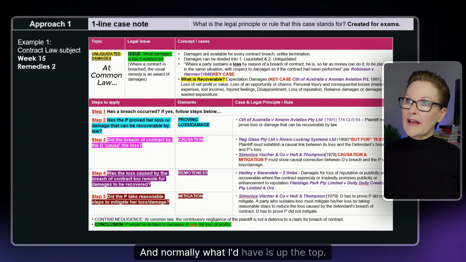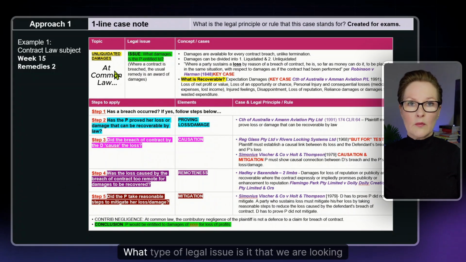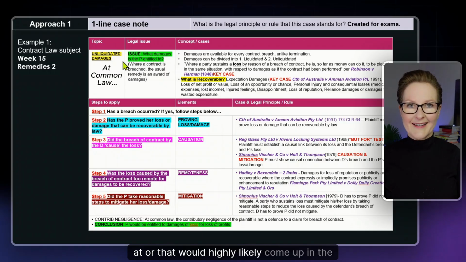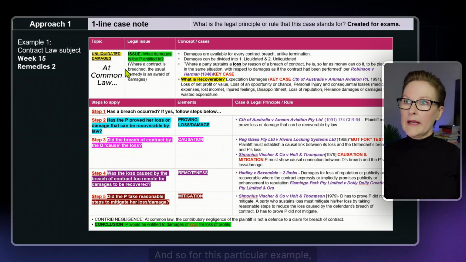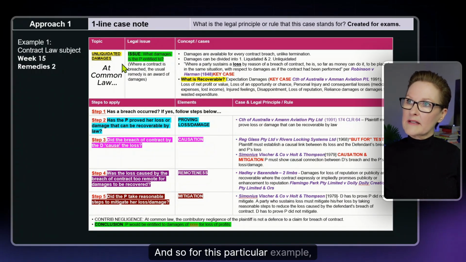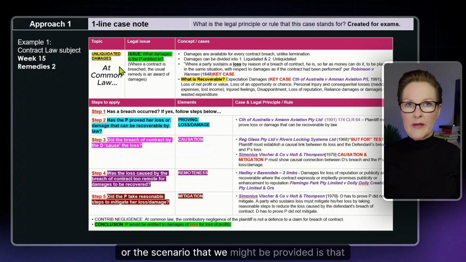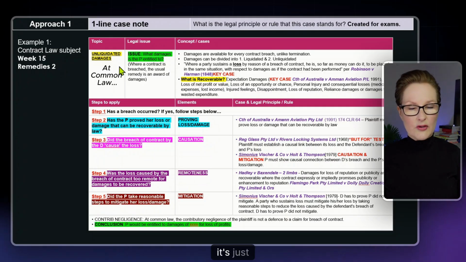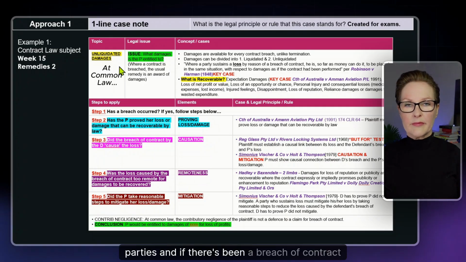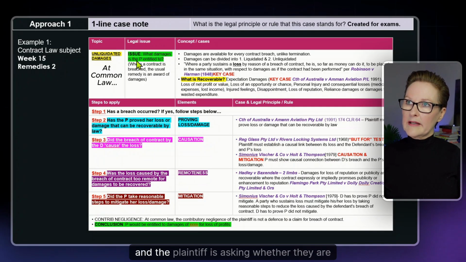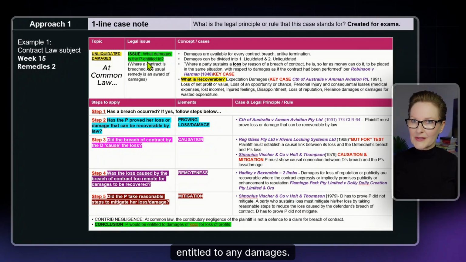Normally, up the top, I'd have what type of legal issue we are looking at, or that would highly likely come up in the exam. For this example, the scenario we might be provided is that there are 2 parties, there's been a breach of contract, and the plaintiff is asking whether they are entitled to any damages.